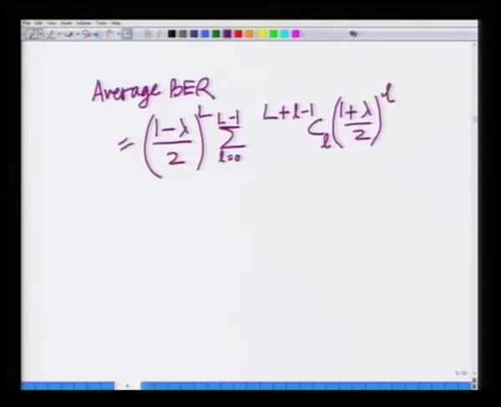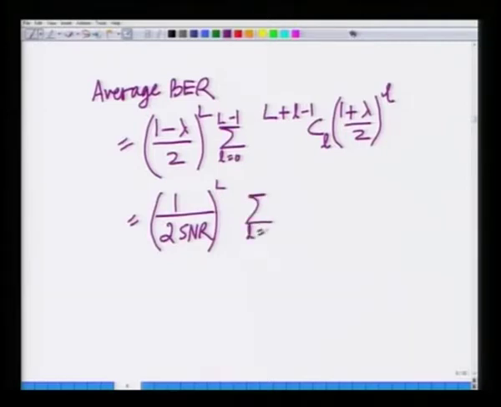Now, 1 plus lambda over 2 is 1, and 1 minus lambda over 2 is nothing but 1 over 2 SNR. So, I can write this as 1 over 2 SNR to the power L into sigma L equals 0 to L minus 1, L plus L minus 1 choose L, into 1 plus lambda over 2, which is nothing but 1 at high SNR, 1 to the power of L is 1.